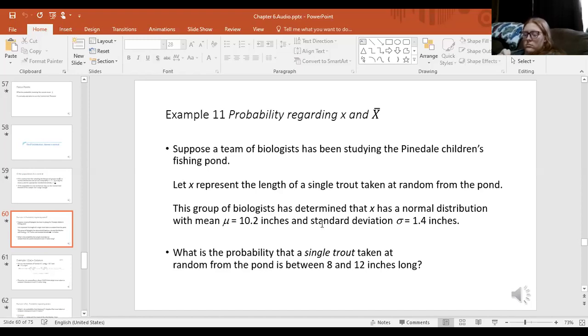This is normal CDF. When you say probability between, we go to 2. Then, the lower value here is what? 8. The upper value? 12. The mean? 10.2. The standard deviation? 1.4.